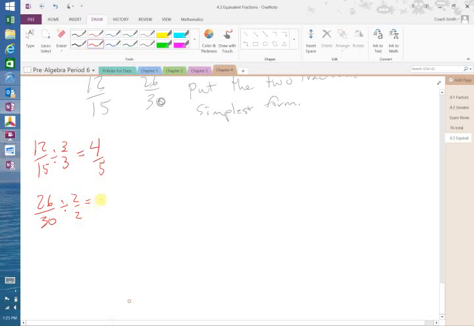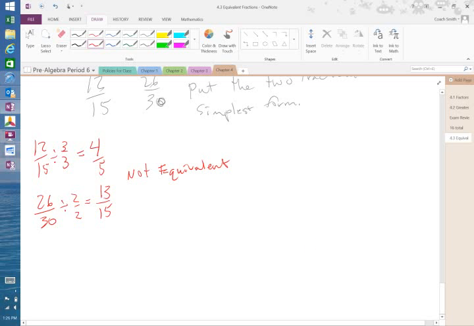And you get 13/15. So are those two fractions the same? No, there's nothing about those that are the same. Are they exactly the same, in other words? No. So these are not equivalent.